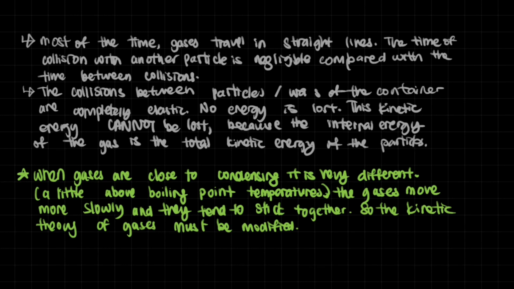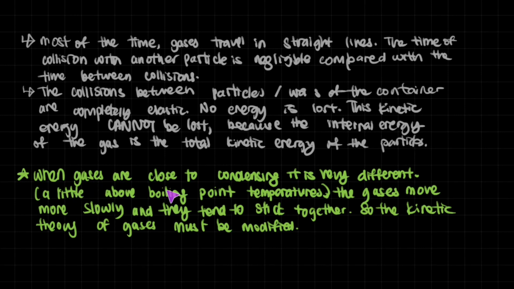And for gases, you can say that the potential energy is zero because the particles are so far away from each other that the forces are negligible. So that means their entire internal energy is kinetic energy. Energy cannot be created nor destroyed, and hence the collisions are completely elastic. And in an elastic collision, no kinetic energy is lost, and relative velocity is also constant.